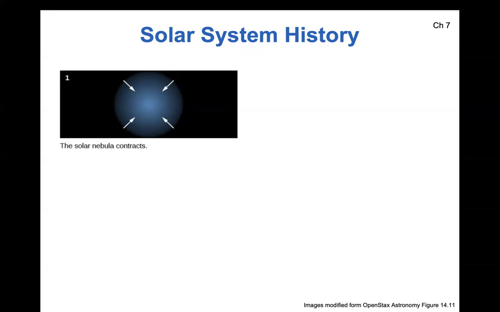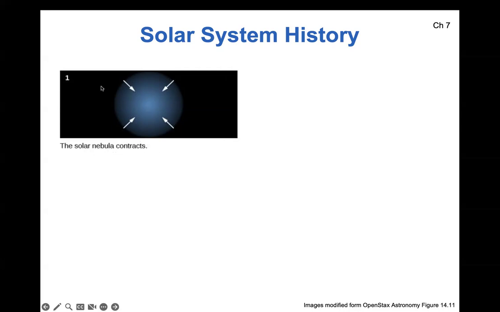But to explain how the solar system came about, we have a model that has definitely been supported by lots of recent evidence, including our study of other solar systems, which has been a burgeoning field of science. And that's the idea that the solar system originally existed as a cloud of gas, a solar nebula.